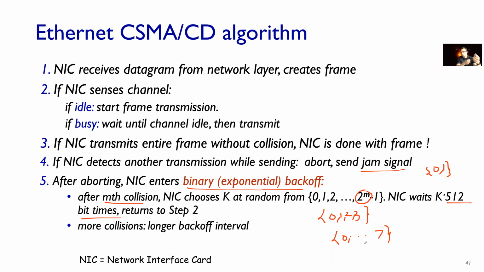If there are only a few nodes, the likelihood of them choosing the same value is lower, so you could do with a smaller set. That's how you retry in this case. The way to retry is different from slotted ALOHA. We are not using a fixed probability. We are using this adaptive, dynamic set and choosing a value k from that.